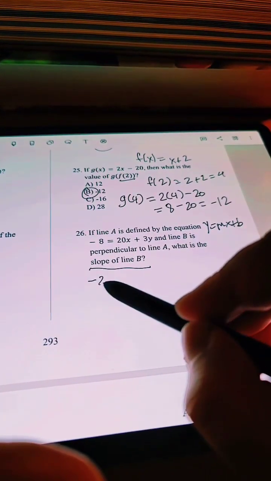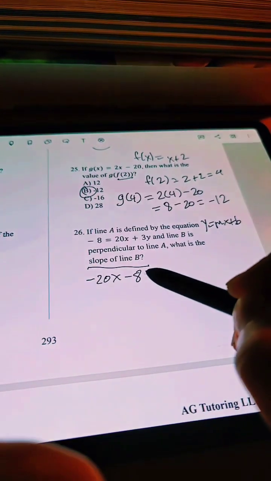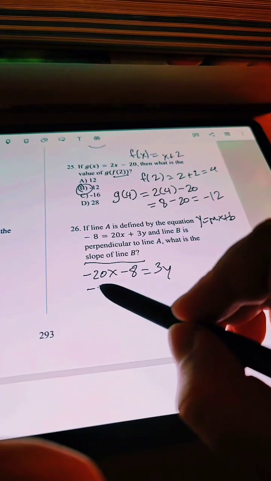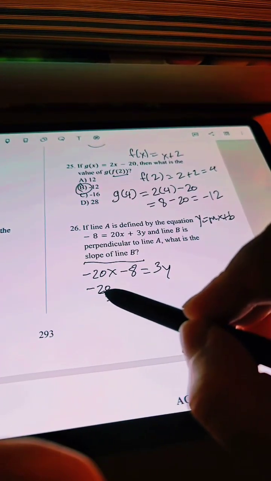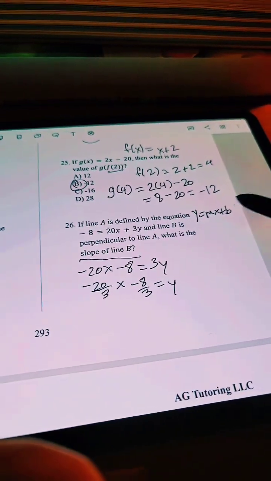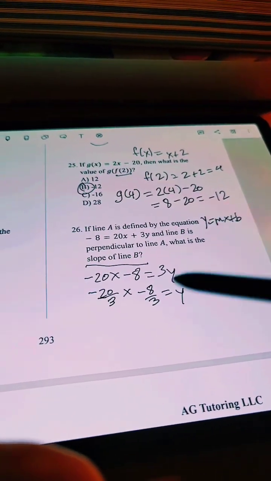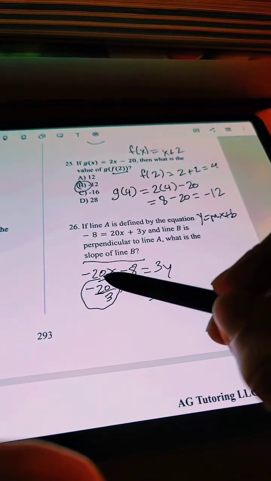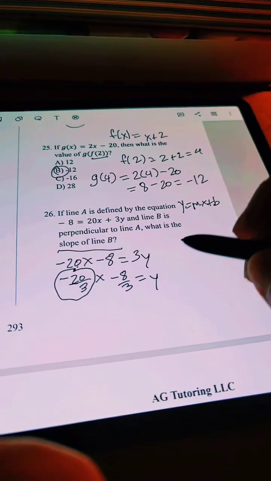So then I'm going to have minus 20x minus 8 is equal to 3y, and then I'm going to divide by 3 on each side. So then I'm going to have negative 20 over 3 times x minus 8/3 is equal to y. So now it's in y equals mx plus b format, so I can easily see what the slope is. The slope is whatever's being multiplied by x, so negative 20 over 3 is my slope.